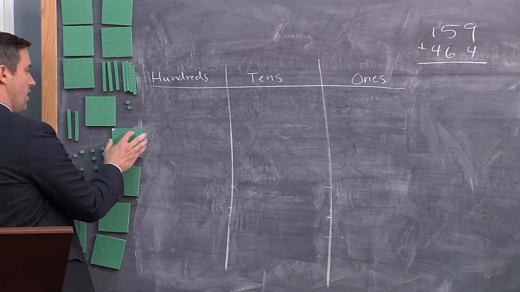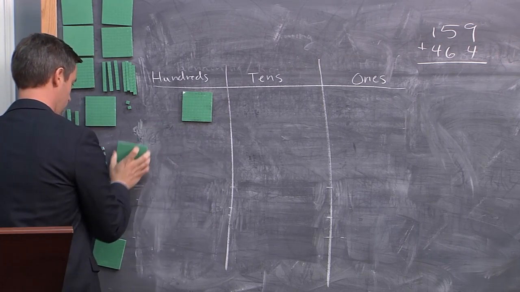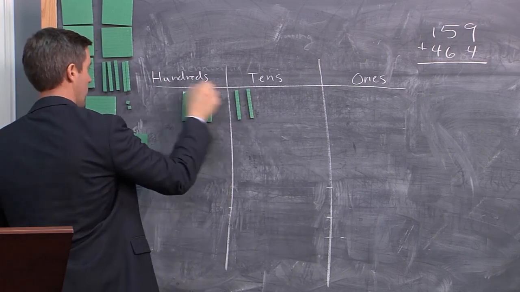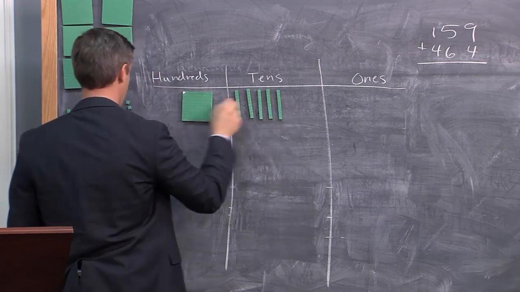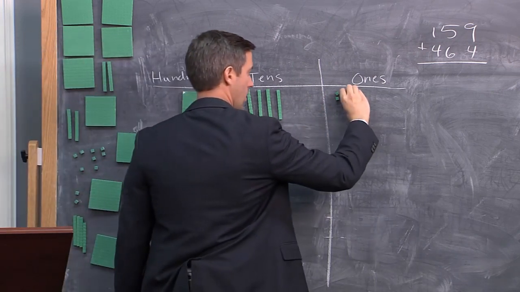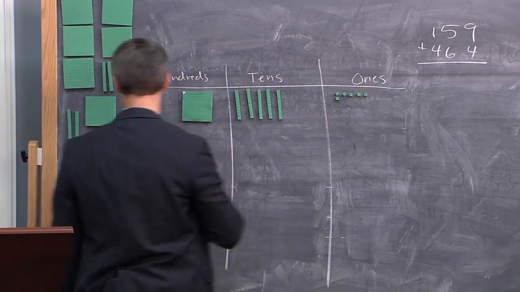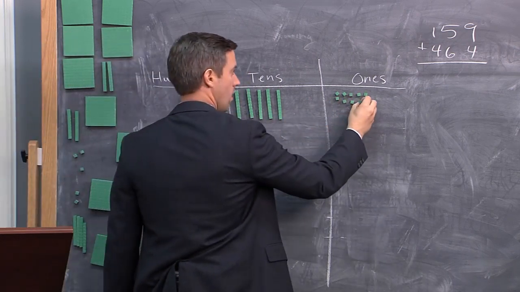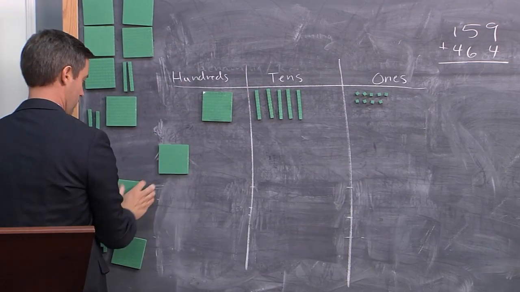So we have 159. You ask the students to build it. 1 hundred, 5 tens, and 9 ones. And then you're adding or combining 4 hundreds.